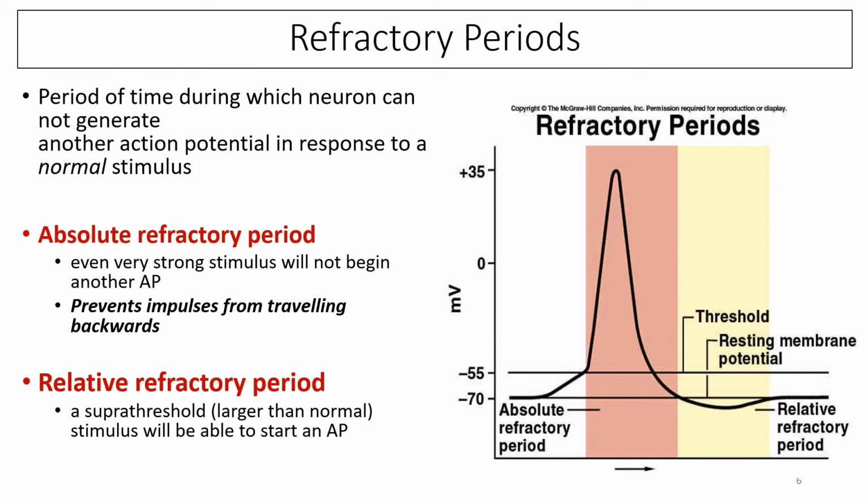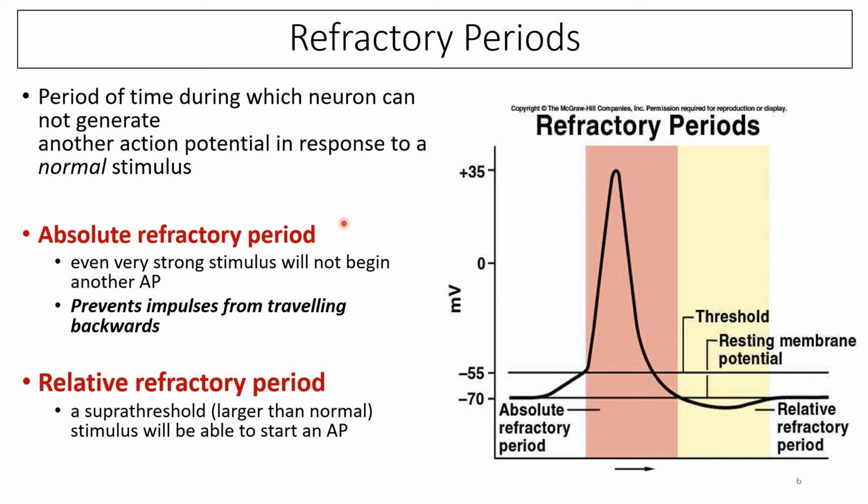There are two refractory periods during the action potential that you need to be aware of: the absolute refractory period and the relative refractory period. Refractory periods generally refer to a period of time during the action potential when the neuron cannot generate another action potential in response to a normal stimulus.